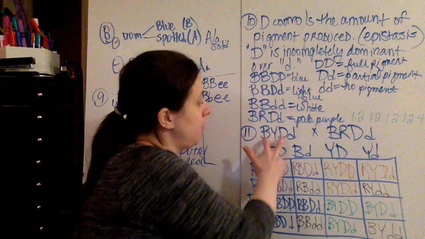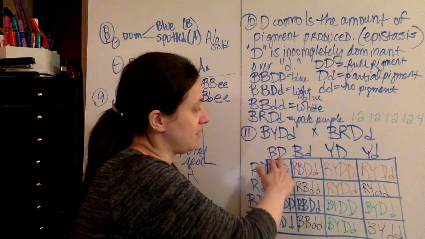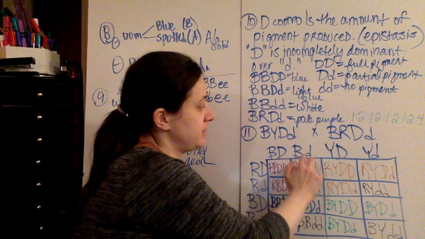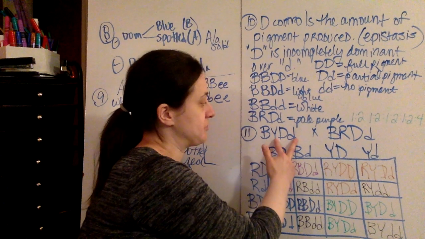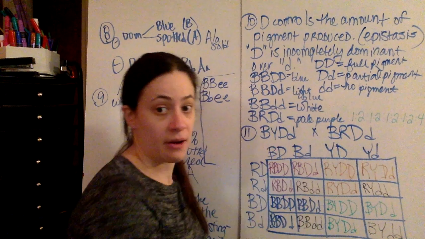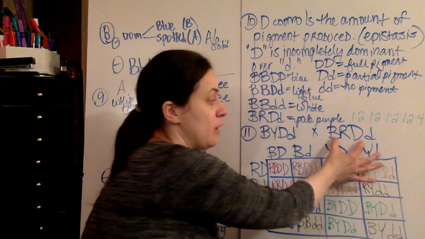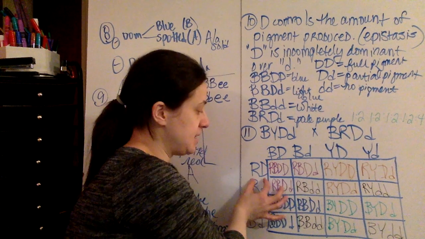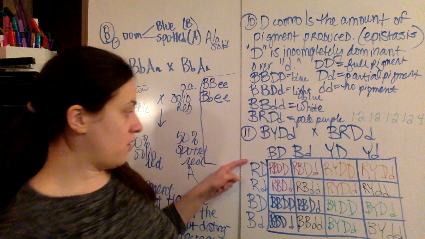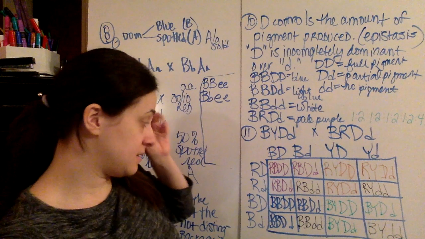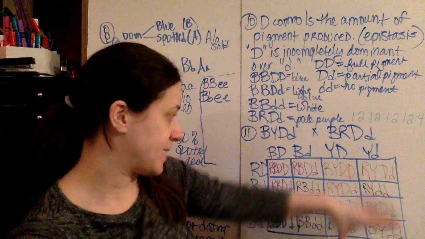So FOIL: big B, big D, here. Outer, big B, little d, here. Inner, big Y, big D, there. Last terms, big Y, little d, there. And then we do the same for this one. First, big B, big D, actually there. So we have all of the different genotypes mapped out here.